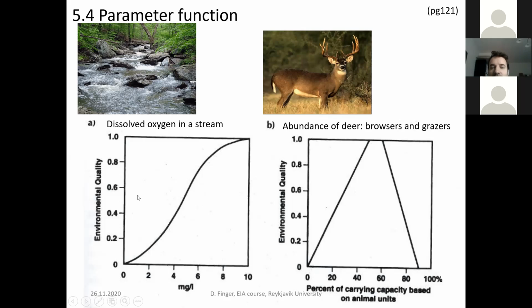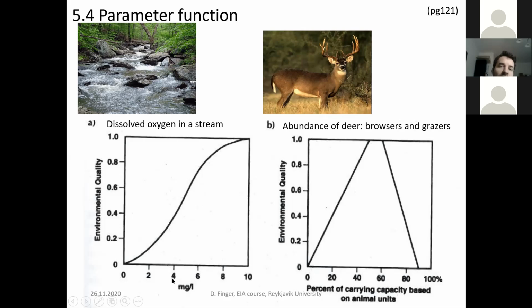If you decrease the oxygen too far, then this can lead to severe impacts on the fish. But as you can see here, this is just a figure taken from a textbook, and there is no clear threshold. You cannot really say that at 4 milligrams all the fish will die, because it's a continuous, gradual impact. So it's very difficult to say, look, at 4 milligrams we have to stop.